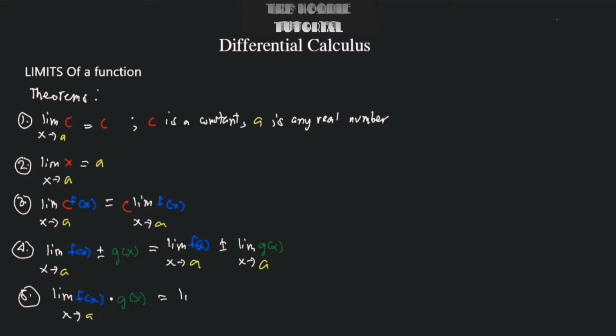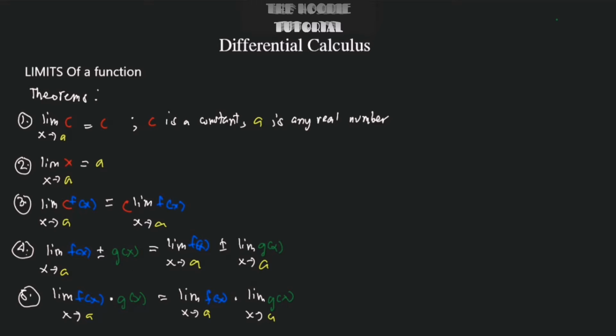So let's evaluate first the limit of the first function f of x as x approaches a or any real number, and then multiply it by the limit of the second function g of x as x approaches a.